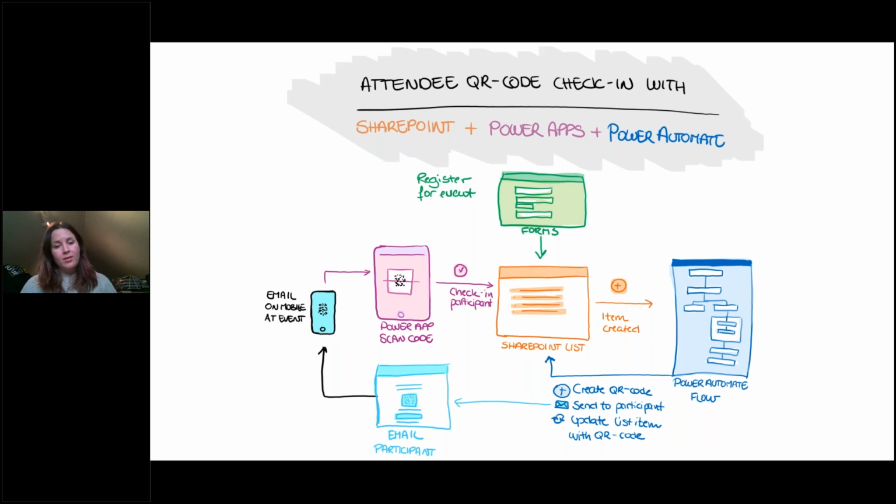Then on the left side, when the participant got that email, they would see that it's confirmed, I'm registered. On the day of the event, they have their mobile phone with them, open the email, and the doorman would scan that QR code at the door.